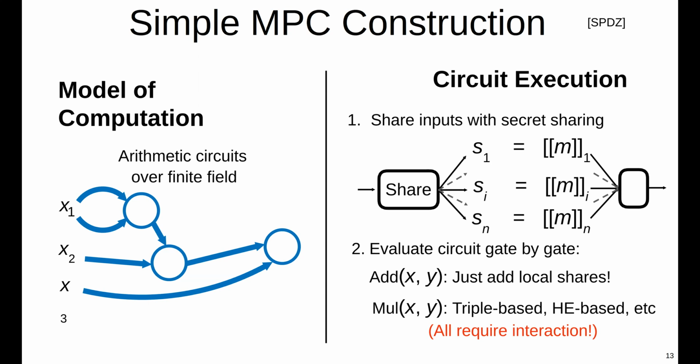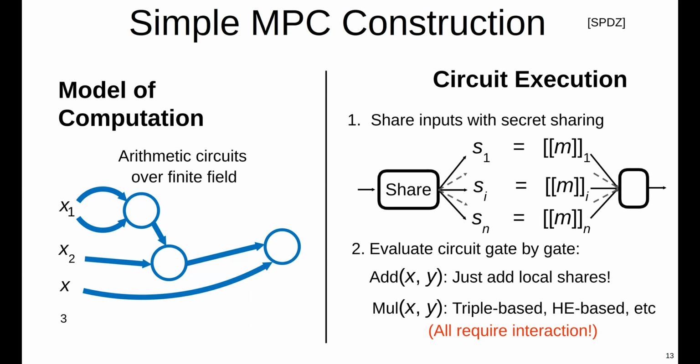Again, there are a few important properties of these secret sharing schemes, such that you can easily add local shares together. So you can perform additive operations, affine operations on these secret shares such that when you get the message at the end, it's almost like you did these operations on the private data.